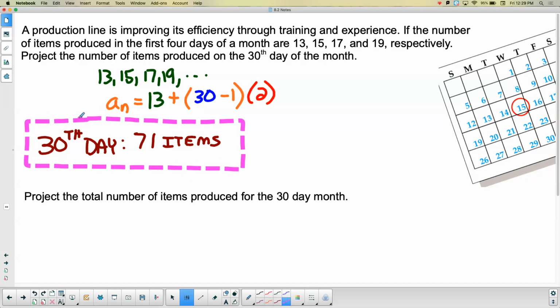Total number of items that we produced during the month. Well, on the first day of the month, we were at 13. Due to efficiency and experience, on the last day of the month, we were at 71. And there were 30 total days in that month.